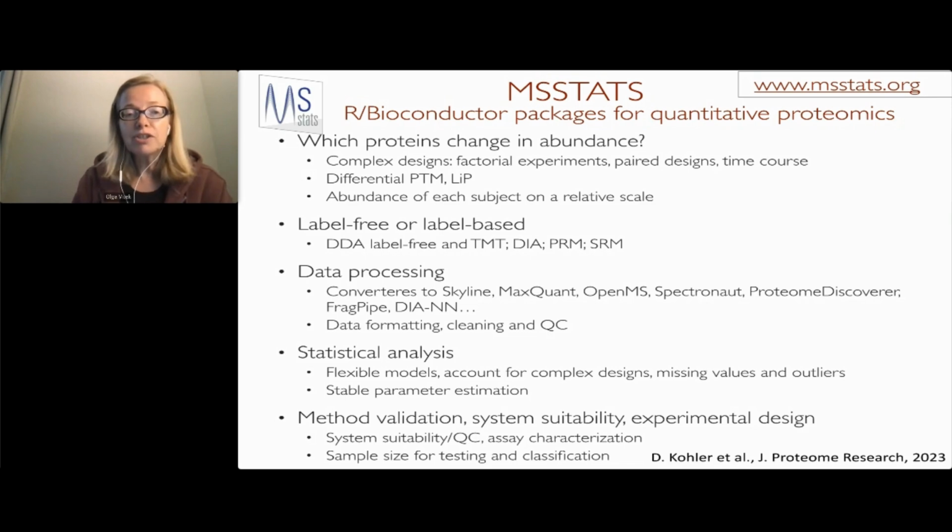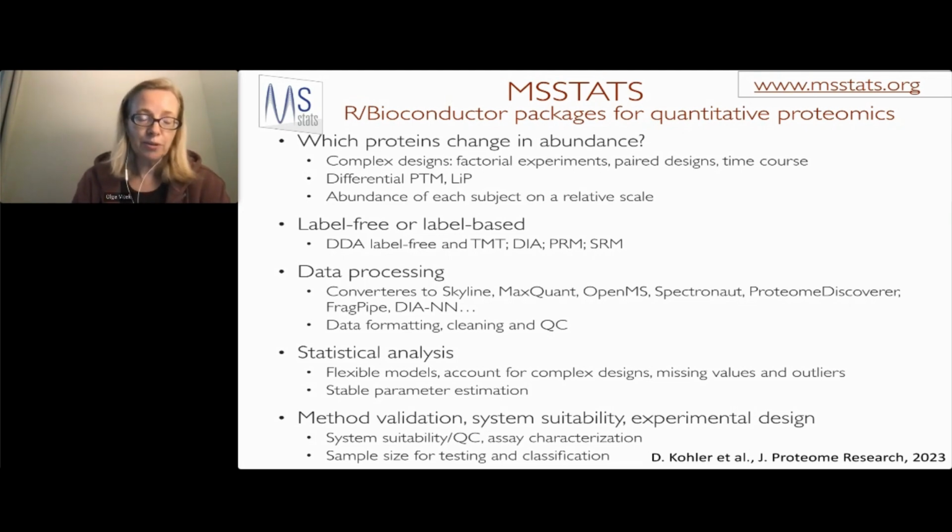Structural biology, such as limited proteolysis, can also be analyzed using similar methods. Another byproduct is to quantify the abundance of a protein in a single sample on some scale which is relative but comparable between the runs. We have multiple spectral features. Can we summarize them so that we can compare these protein abundances between runs, for example for classification or clustering, or just for visualization? These are related questions, and at this point, MS-Stats can be used to answer all of them.